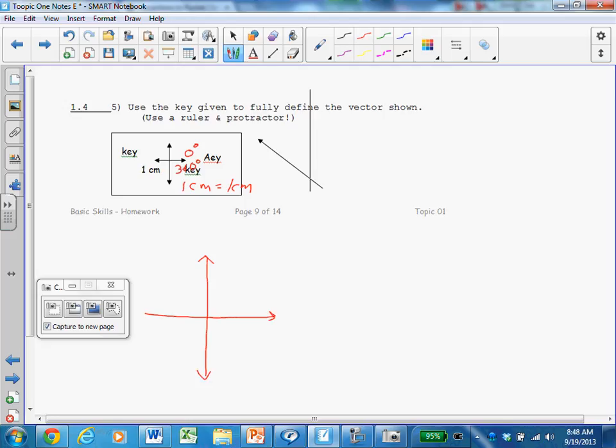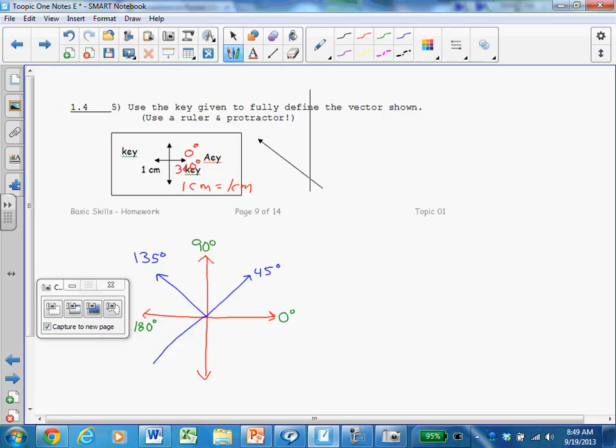Just going around that, so this is 0 degrees here, okay? Then we have this one, that would be 45 degrees. Going straight up and down would be 90 degrees. In the middle over here would be 135 degrees. That's 180 degrees.